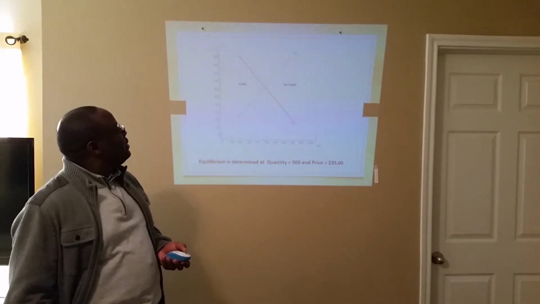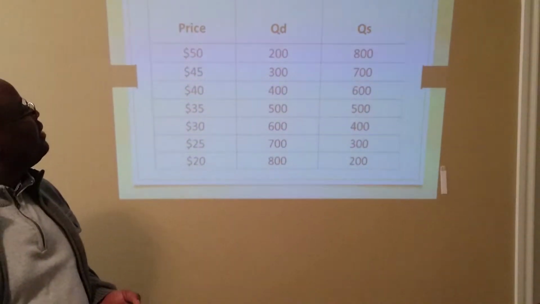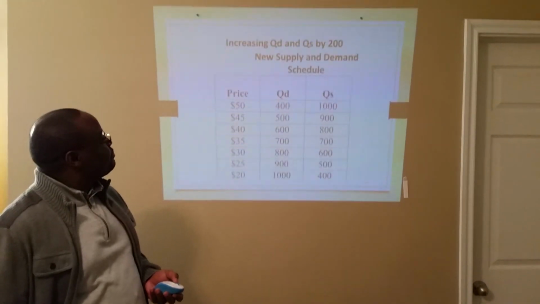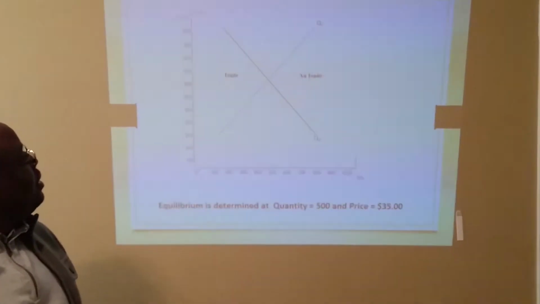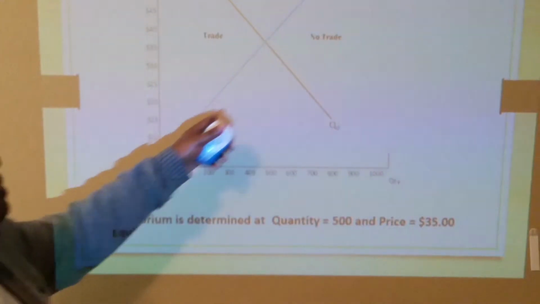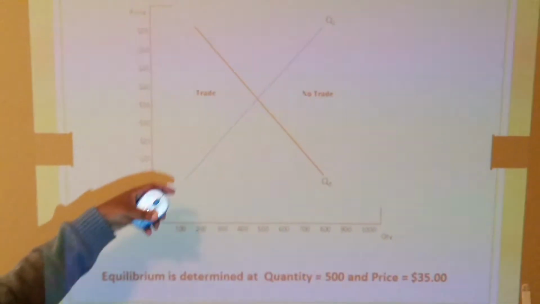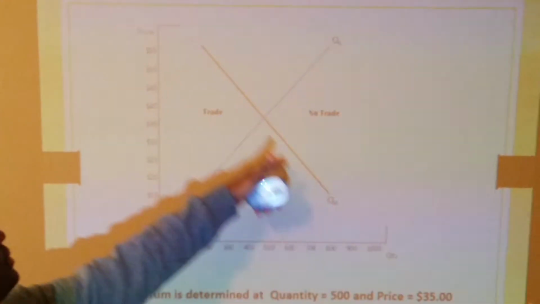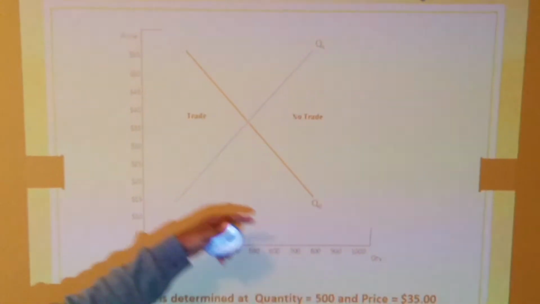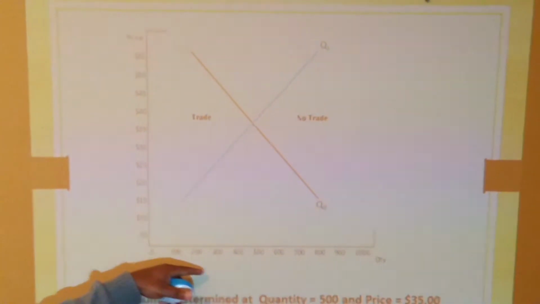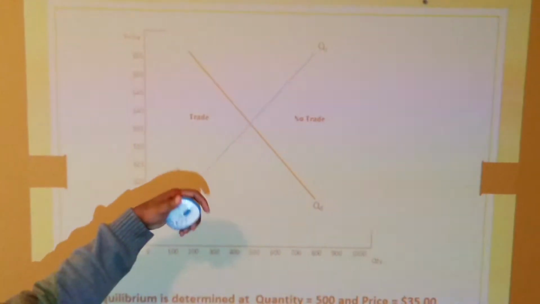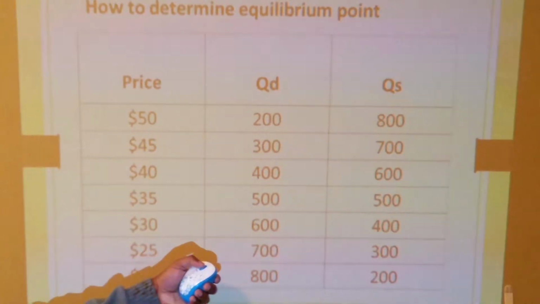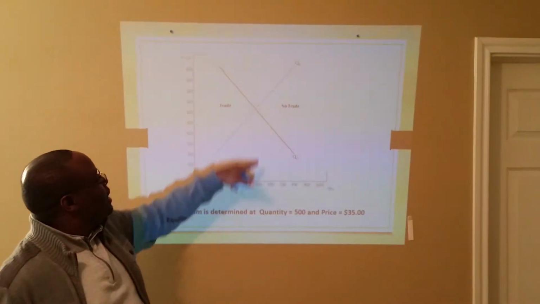So here we have our supply curve and our demand curve. We find that once we plot the data that we had in the previous table, we come to a point where the two are meeting.